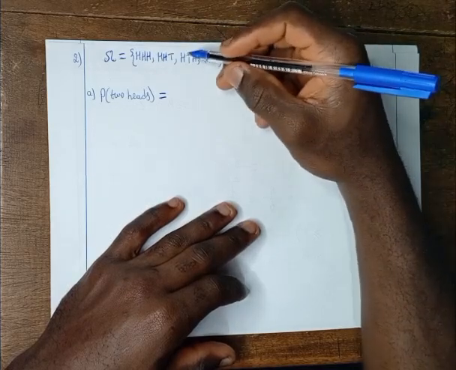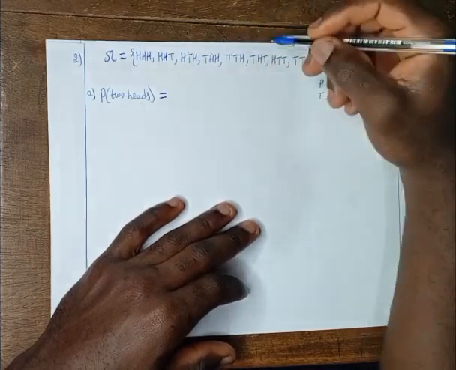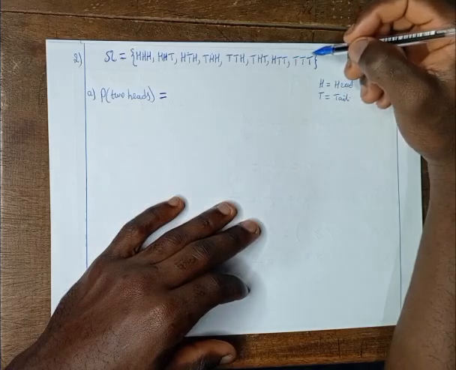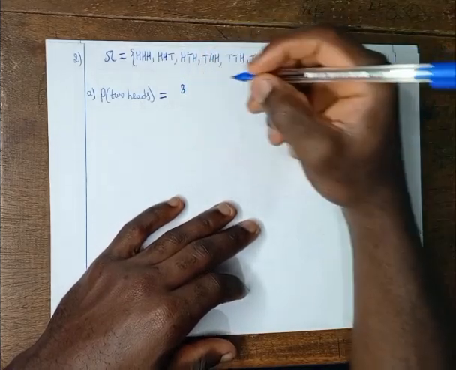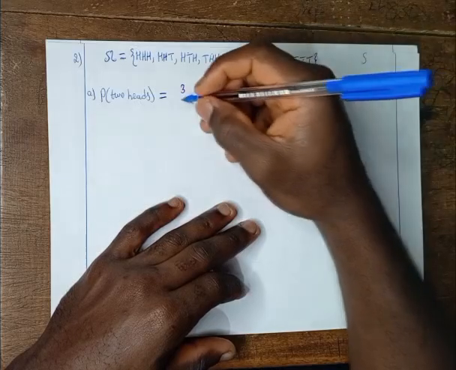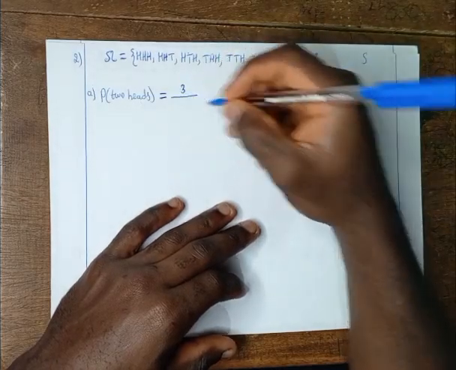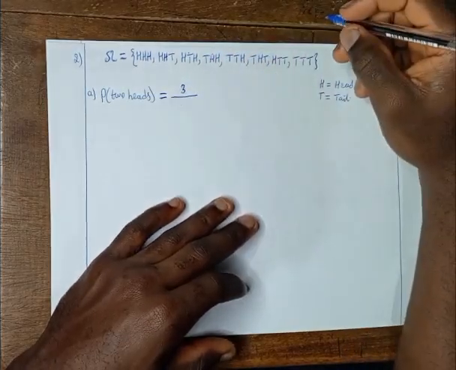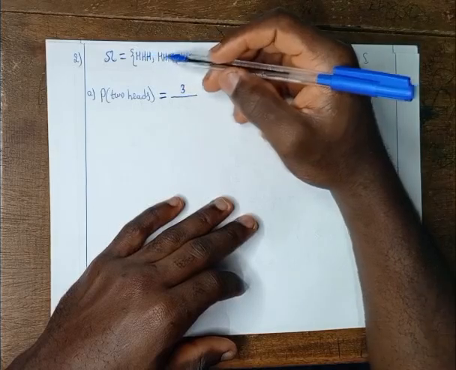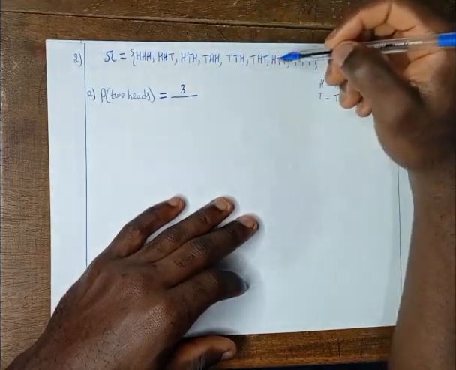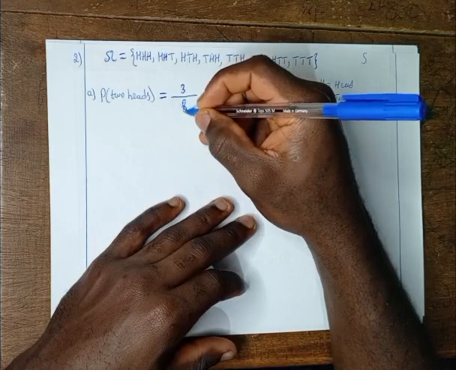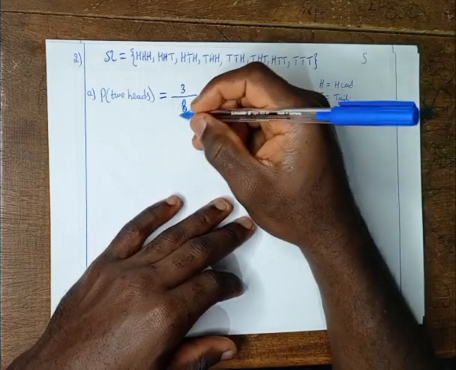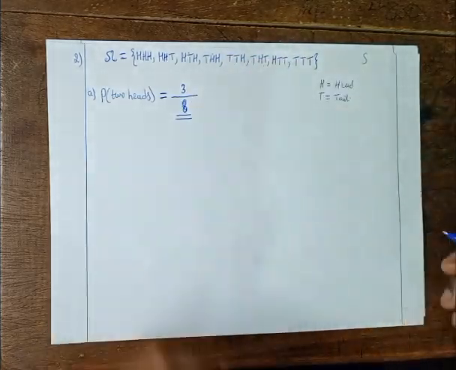We have 1, we have 2, we have 3. There are 3 of them. We have 3 outcomes where we have 2 heads. We are going to divide by the total number of possible outcomes. We have 1, 2, 3, 4, 5, 6, 7, 8. 3 over 8. So this is our probability of having 2 heads.